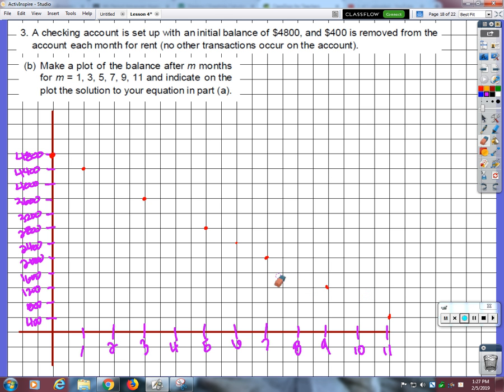So there's the points for 1, 3, 5, 7, 9, and 11. Dylan, how many months did you say that it would take for? Okay, so this point right here represents 7 months and $2,000 left in the account.